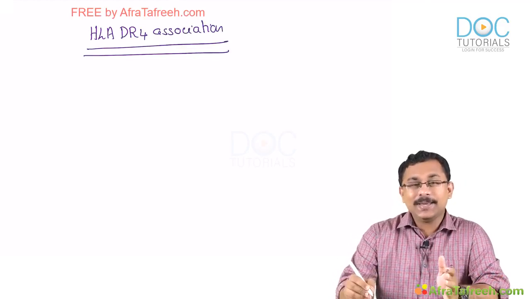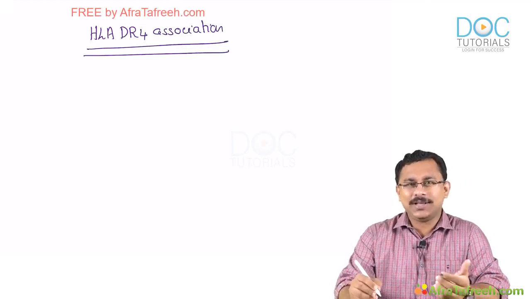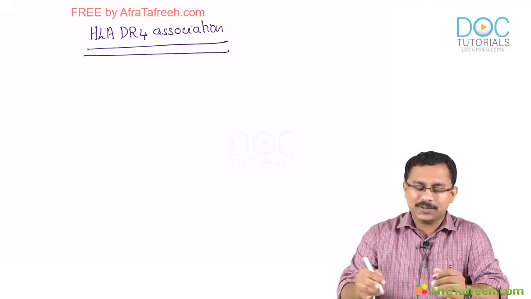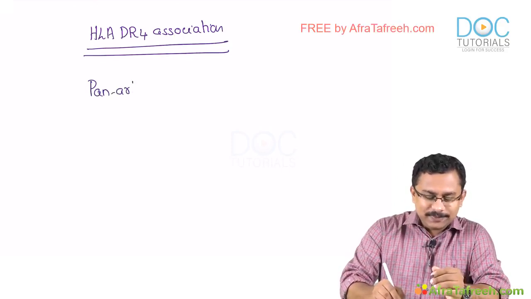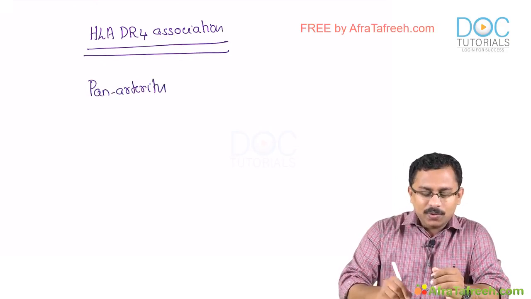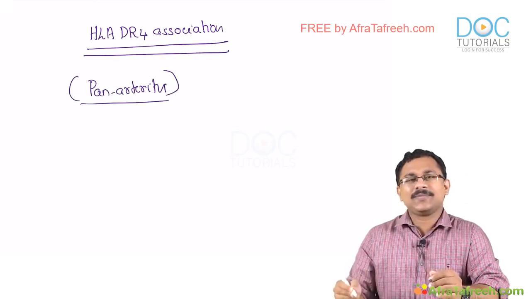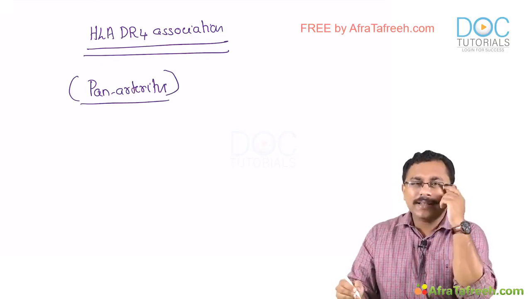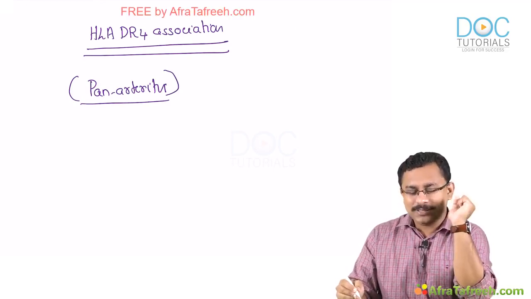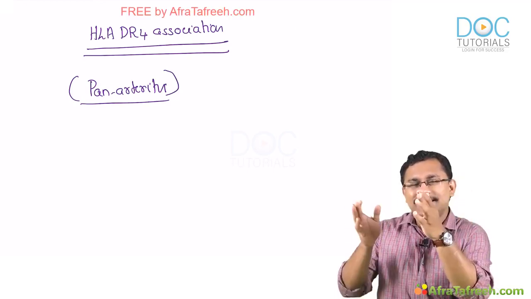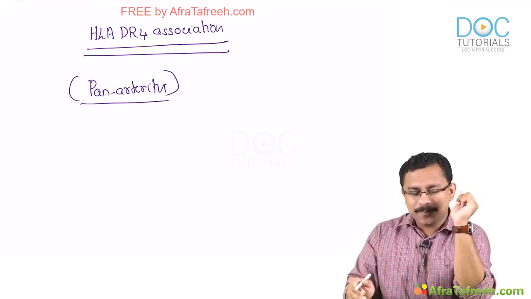And remember that the pathology of this disorder, when you talk about the etiopathogenesis, is actually a panarteritis. Though we do not know what incites this event, we are quite sure that this is a disorder that involves all the vessel walls, the entire vessel wall, that is intima, media and adventitia.